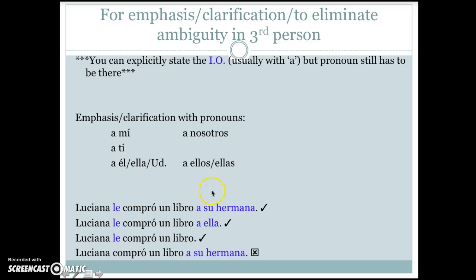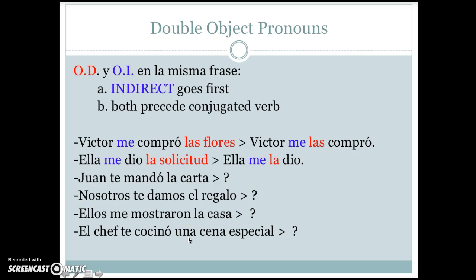It's not clear, so we might need to add some information at the end. Luciana le compró un libro a su hermana, for her sister. Luciana le compró un libro a ella, for her. Now, if by the context of the conversation we already know we're talking about her sister, then we don't need to include that information and we can just say Luciana bought her the book.